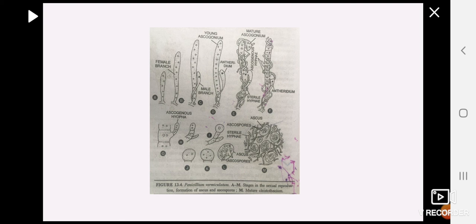So when the inner layers of the peridium degenerate, they form a fluid, and the asci get embedded in this fluid. Later on, the wall of the asci dissolves at maturity, and the ascospores float in the fluid within the cleistothecium.